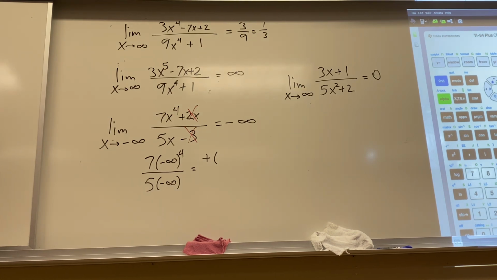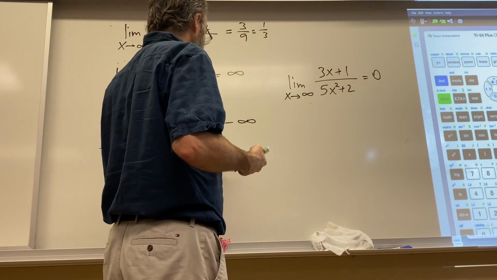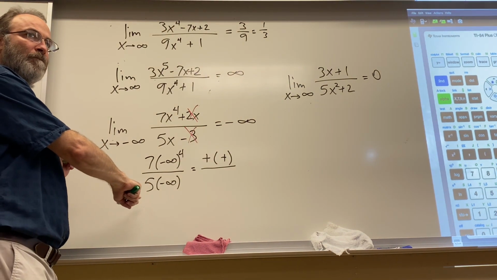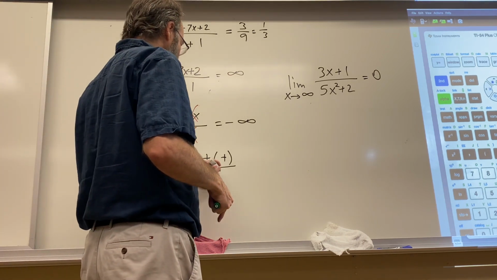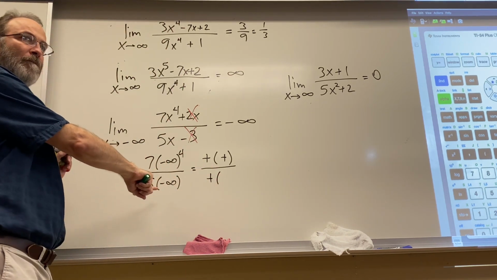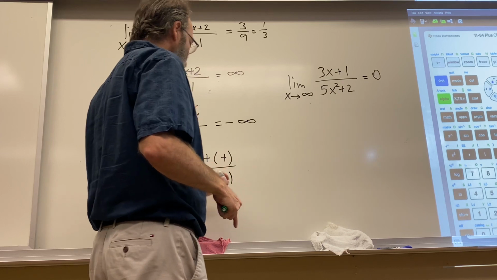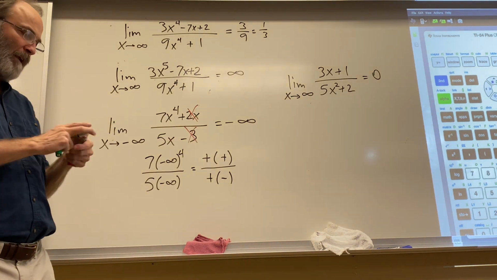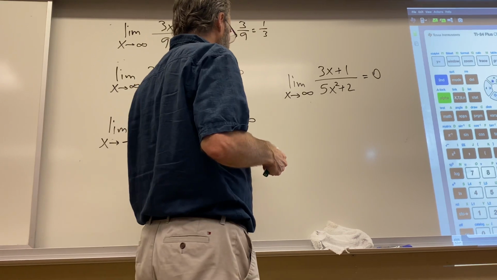If we raise it to an odd power, it's going to stay the same sign as whatever it started as. So this is going to be positive. On the bottom, 5, positive. And negative infinity, negative. Overall, what does that make? Negative. So we have positive, positive on top, we have positive, negative on the bottom, so this is positive over negative. This whole thing is going to come out negative.